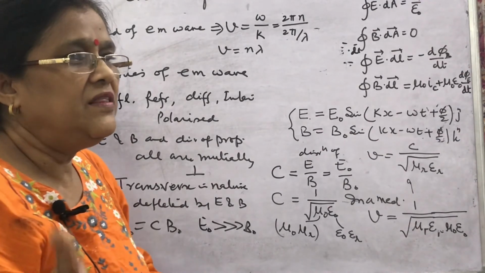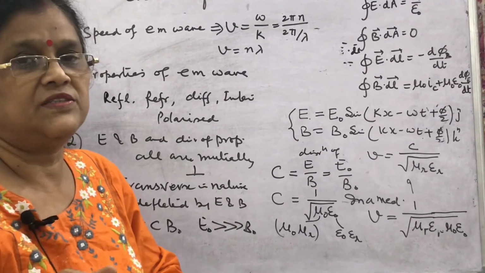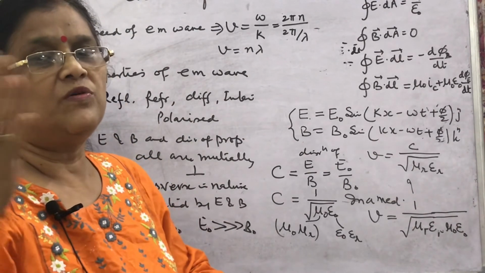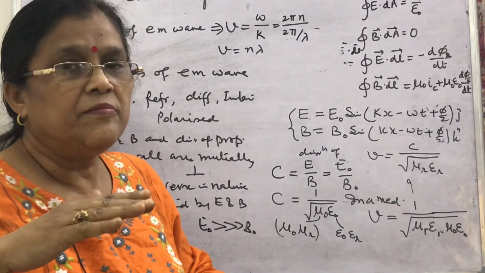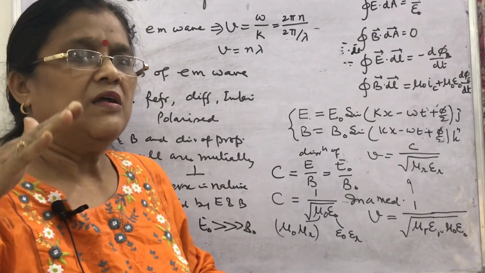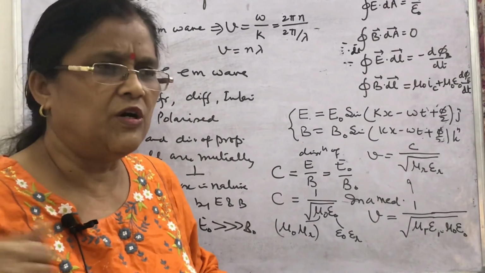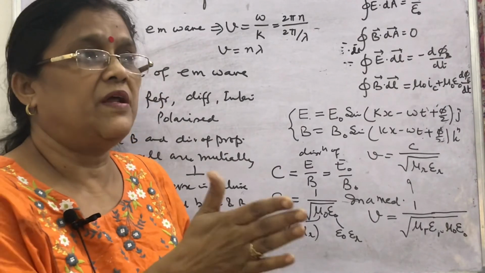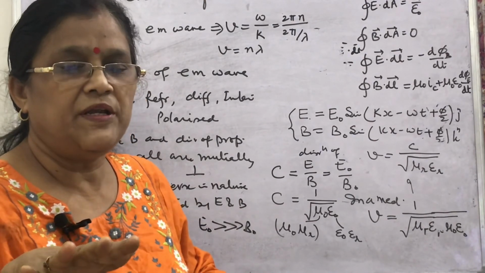Now, before the 19th century, scientists firmly believed that there is a medium prevailing all over the universe in which waves can travel. It was supposed that a medium is necessary for the propagation of waves, because sound waves, mechanical waves, need a medium. Sound waves travel longitudinally in air, transversely in a solid; there was a medium.